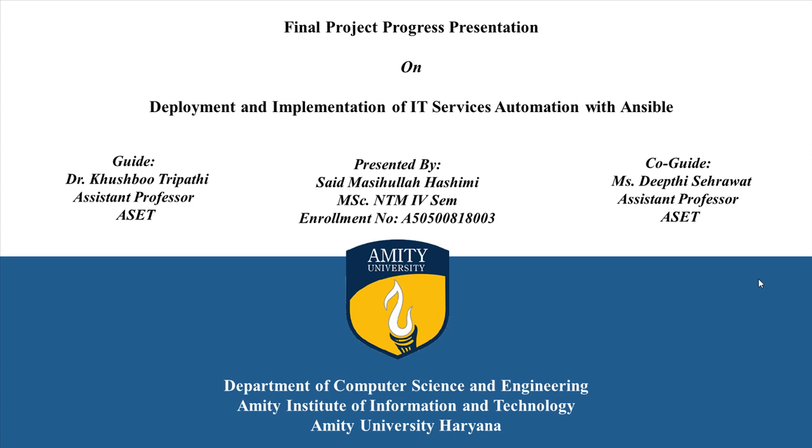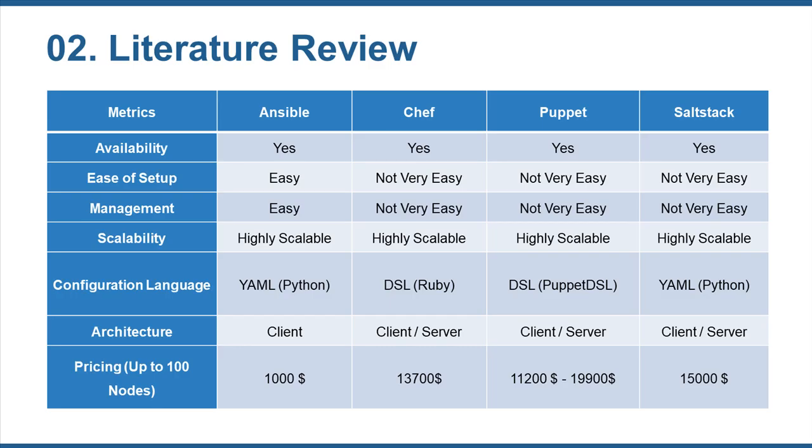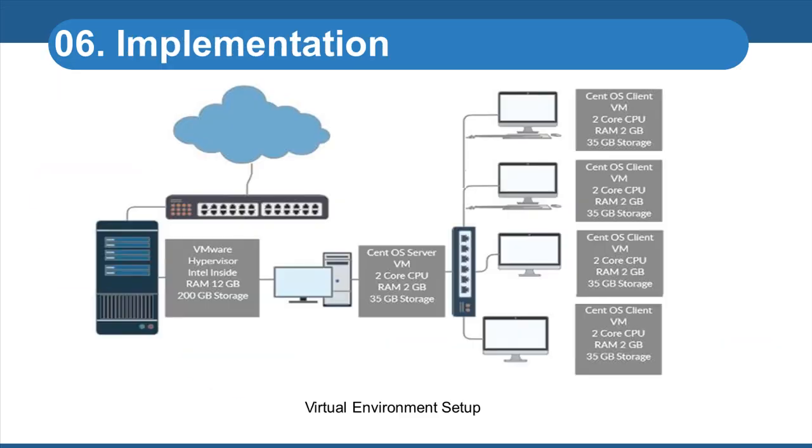So I think I've already talked before about the introduction and all. This was my content. I'll not waste much of your time, and I'll just go and show you the implementation part where I have set up my environment. So this is actually my virtual environment that I have set up in my own PC.